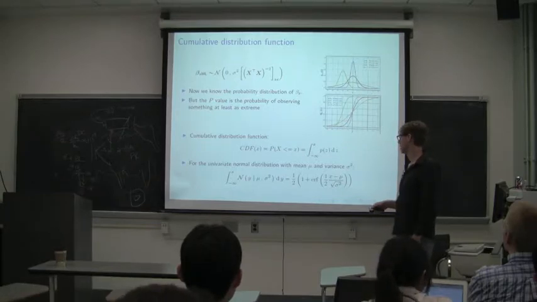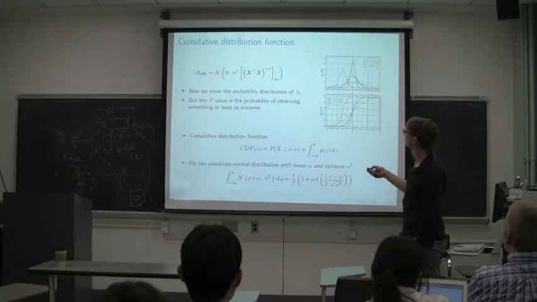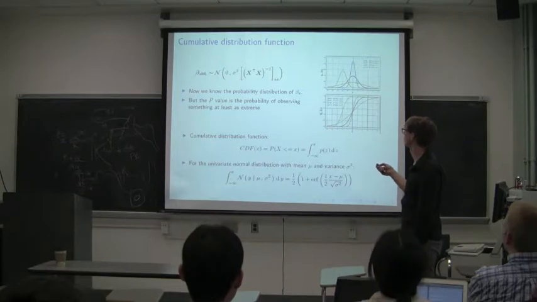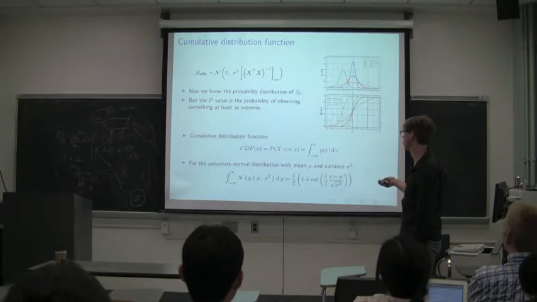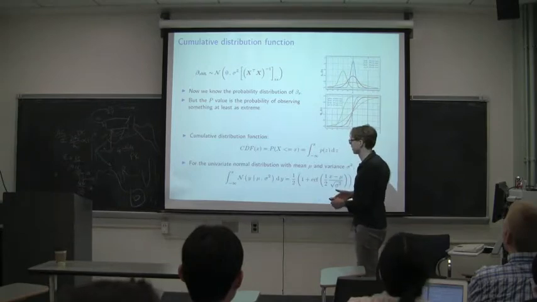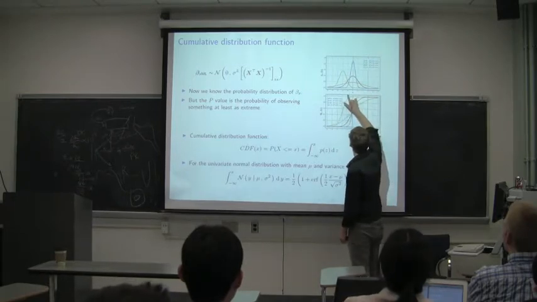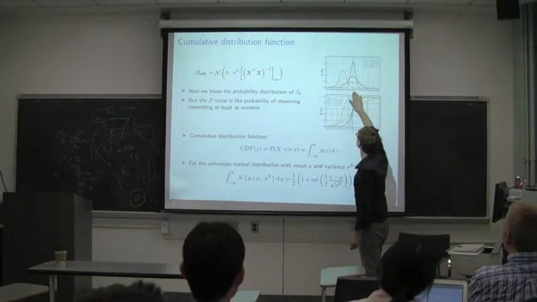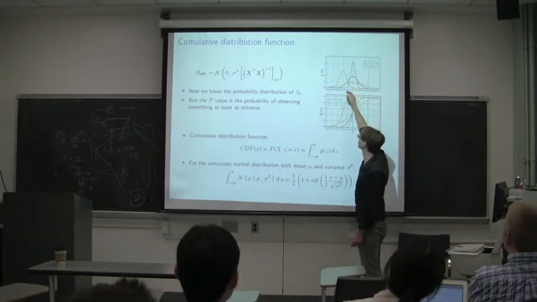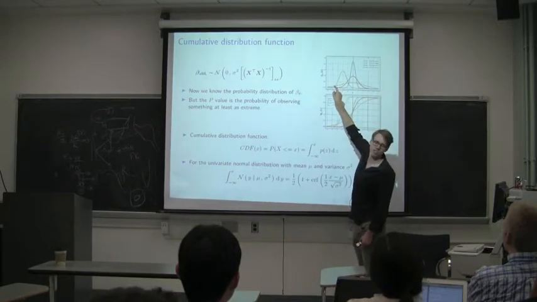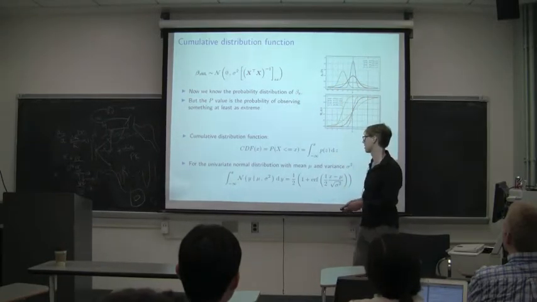Now we know the normal distribution in beta, the mean and the variance. We know this cumulative distribution function. In order to get the p-value, we have to see what's the probability of observing a value at least x extreme. A Gaussian is a symmetric variable, and we want to exclude something that is close to 0, so at least x extreme means it can either be a positive value that is more extreme or a negative value which is more extreme.